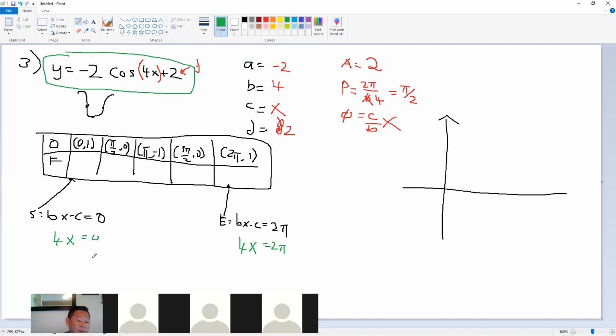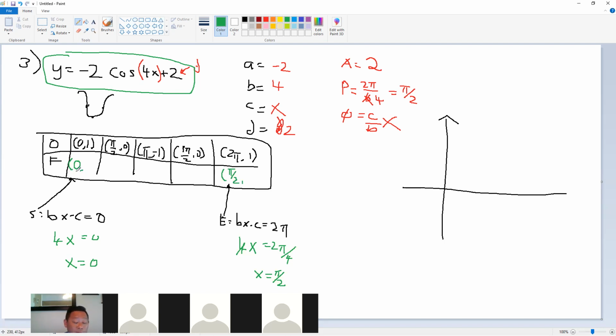So again, you have to solve for x. When you divide by 4, you still get 0 here. What happens when you divide by 4 here? Pi over 2. So you start from 0 and you end at pi over 2.